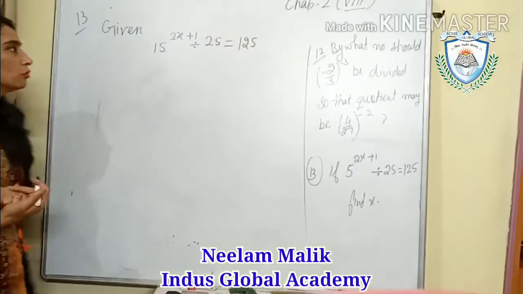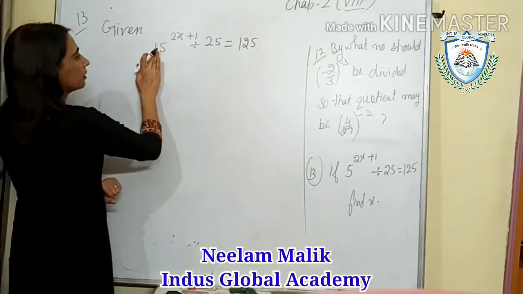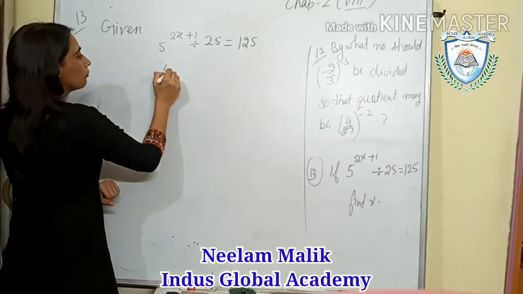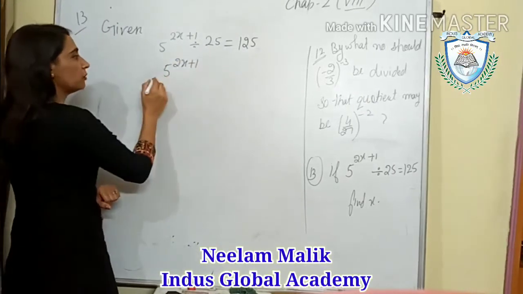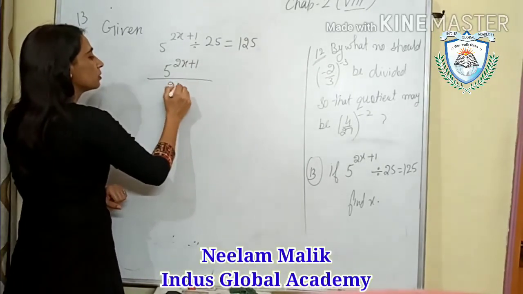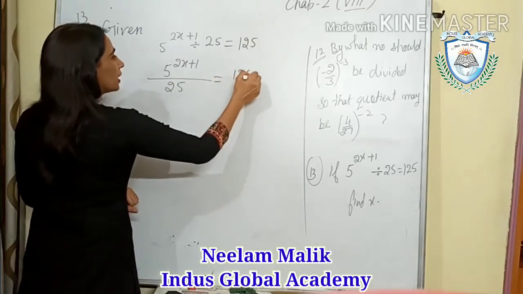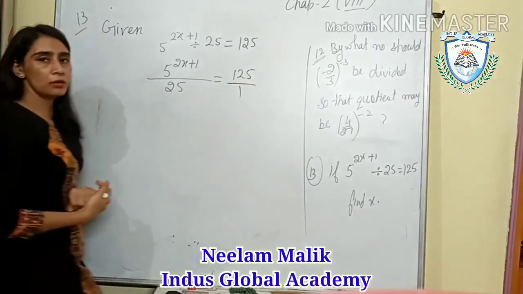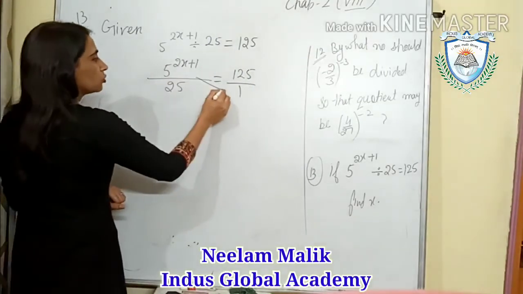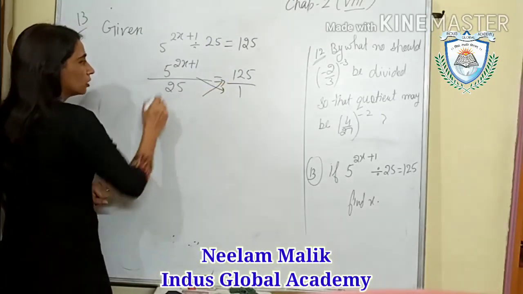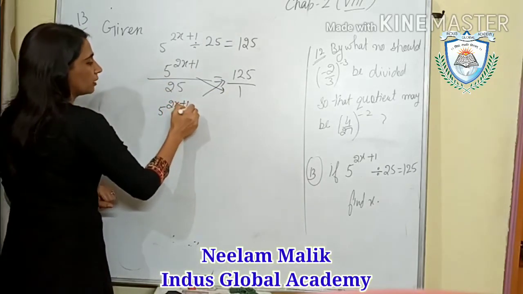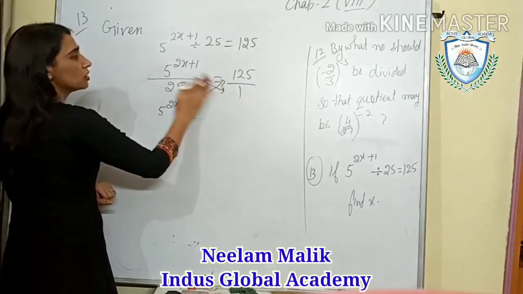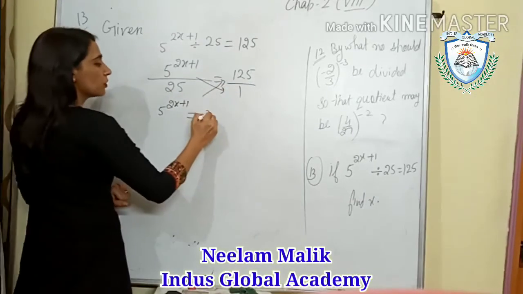Here you can write 5^(2x+1) divided by 25 like this, and that is 125 upon 1. Now do the cross multiplication. Okay, so 5 raised to 2x plus 1 is equal to, these two will be multiplied, 25 into 125.